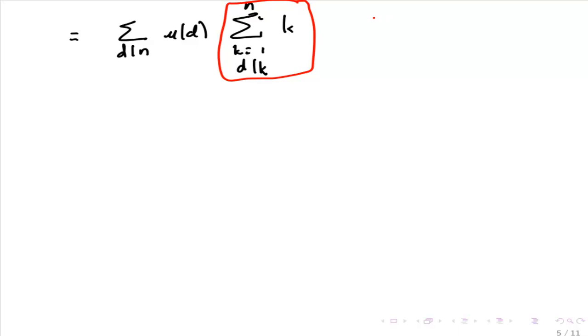Well, no, let's put in one extra step. D dividing K. So let's say that K is D times L, where L equals 1, 2, 3, to what? Well, K can get as big as N, so that says L can get as big as N over D. So I'll put that step in.